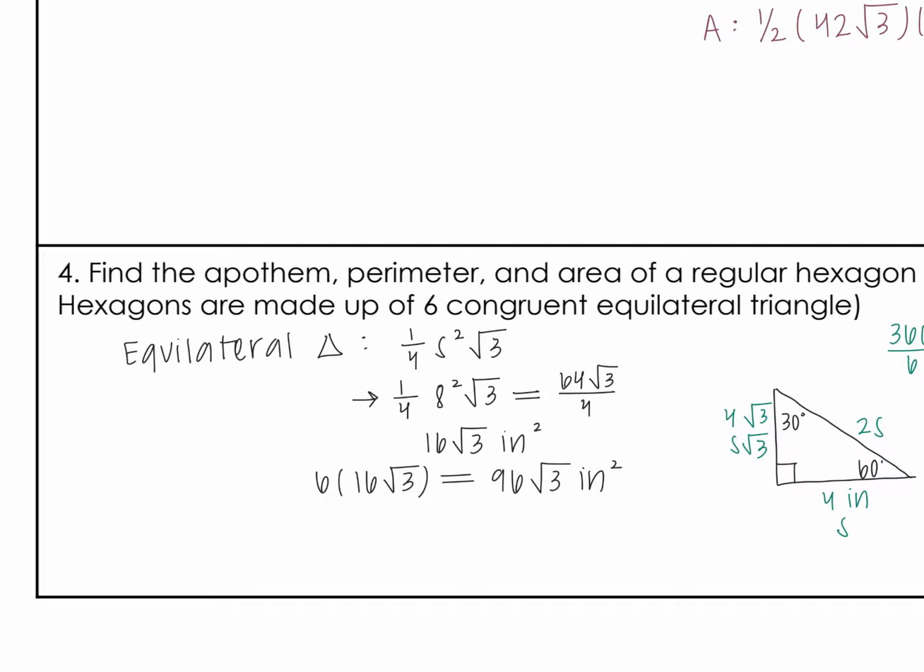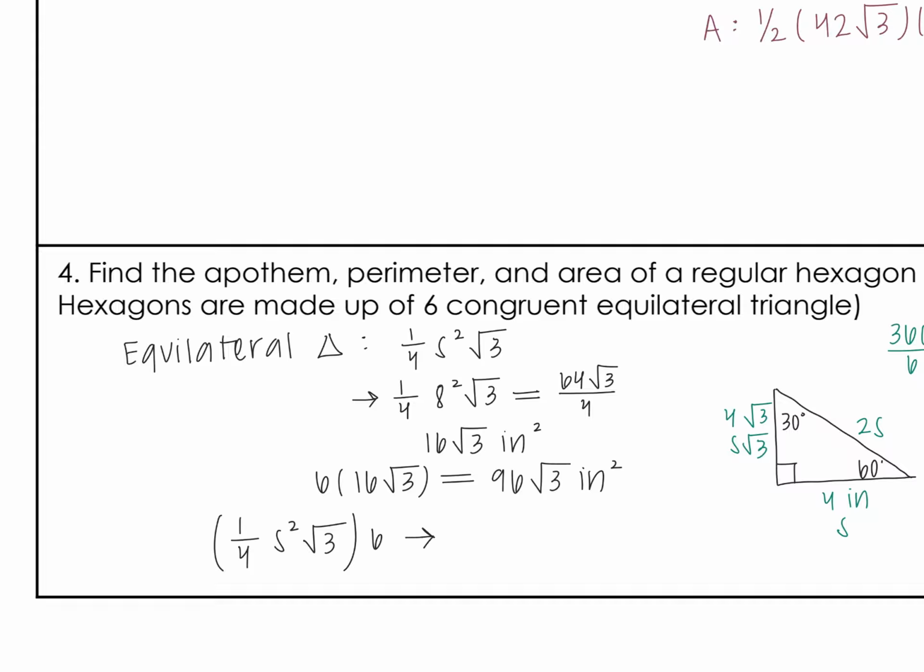So there is a shortcut formula, another one that you would have to memorize if you want to. Okay, so because we know one equilateral triangle is going to have the formula of 1/4 S squared √3, and we know that there are 6 of them, 6 triangles in our hexagon, I'm going to multiply by 6.